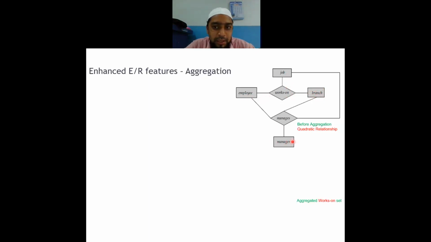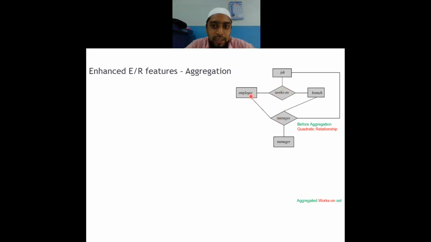There is a manager entity set which manages the employee, also manages the branch, also manages the job. But manager also manages the works, right? It may be some kind of work that is there inside the company.